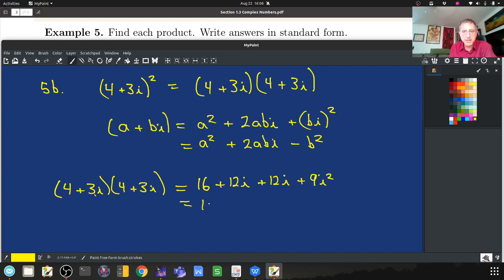So this is equal to 16 plus 24i, but 9 times i squared is minus 9. And you will see that's exactly what we would have got. So my a is 4, and 2 times 4 times 3, because that's my b value, minus 3 squared is equal to 16, that's an i there, plus 4 times 3 is 12, and 12 times 2 is 24, minus 9. So we get the same.